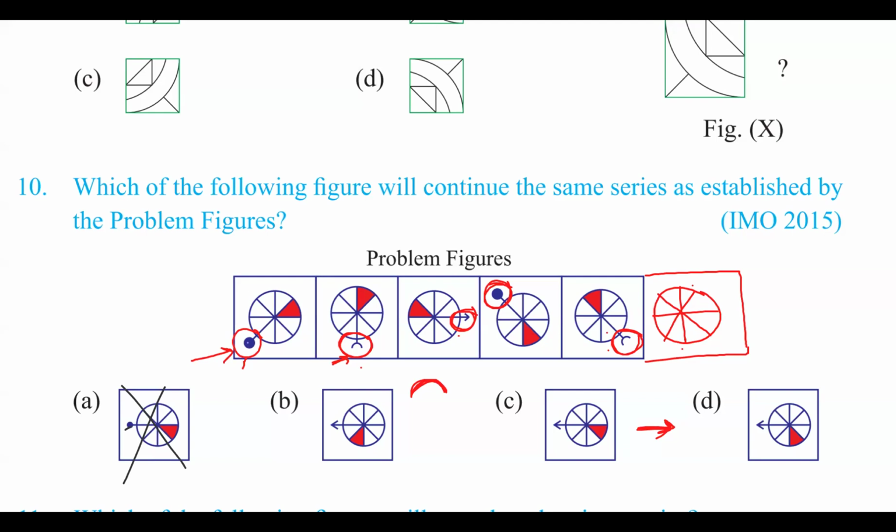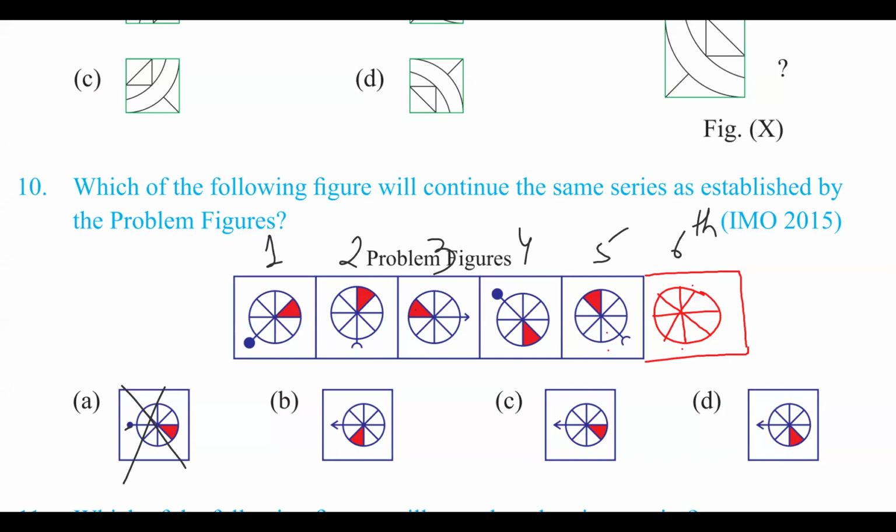Now we'll have to see from the three options B, C and D. Next, we have to see the position of the arrow. We have got to know that the arrow is being used, but at which position? So we'll see what change in position is taking place from the first figure to the second figure, then to the third, then fourth, and then fifth. This is the sixth figure that we have to find.